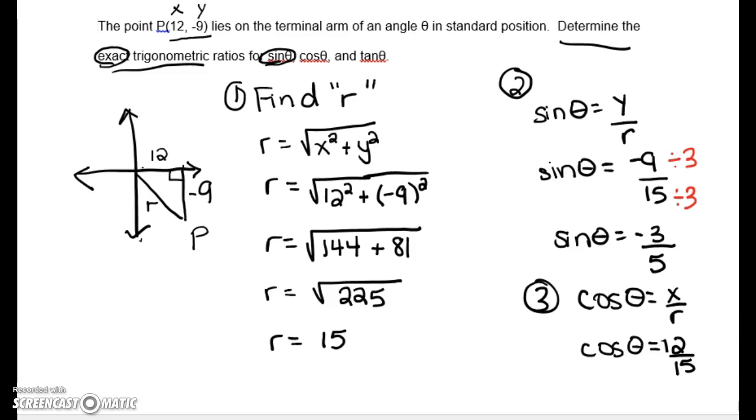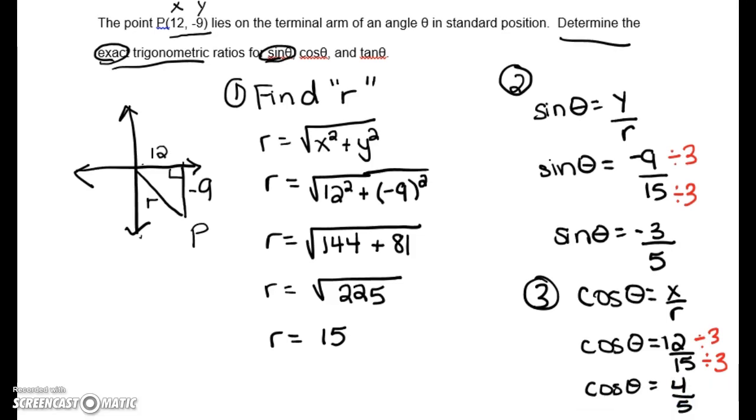Once again, you notice that we have 12 and 15, and those are both multiples of 3, so we can divide your top and your bottom of your fraction by 3. So what we would find is that cosine of theta is equal to 4 over 5.